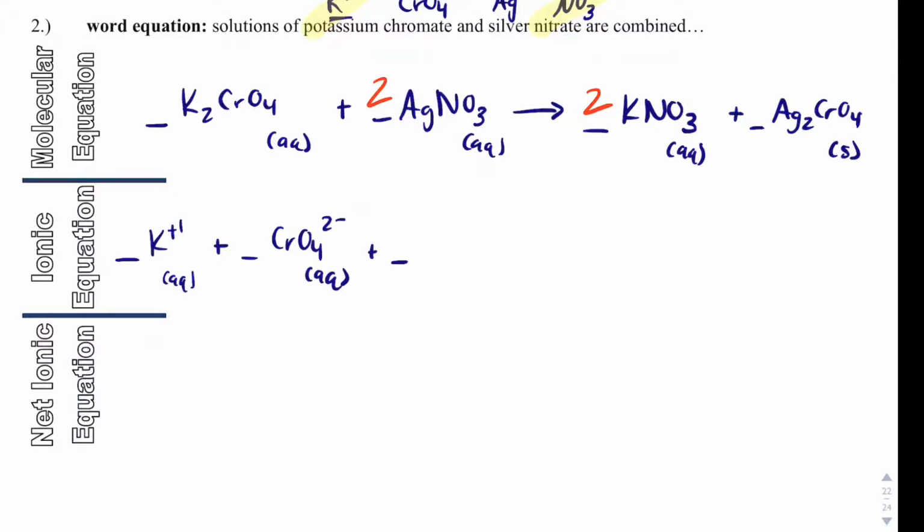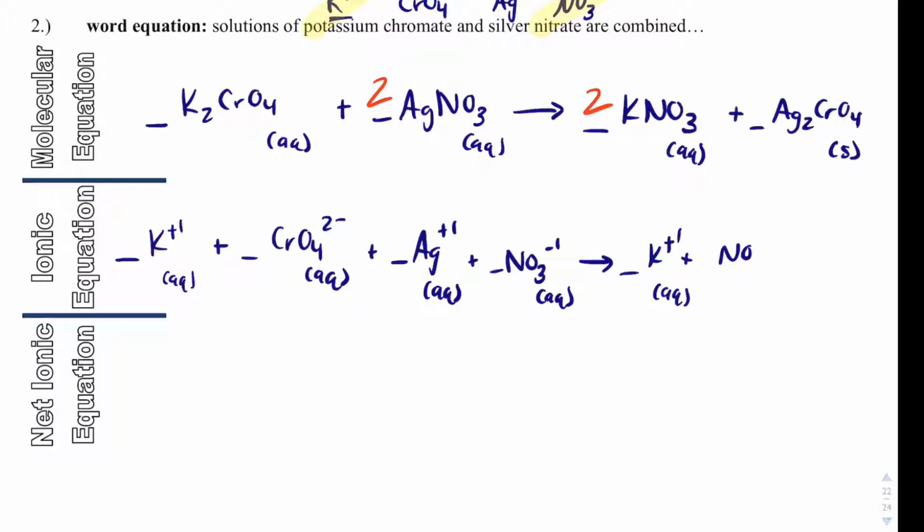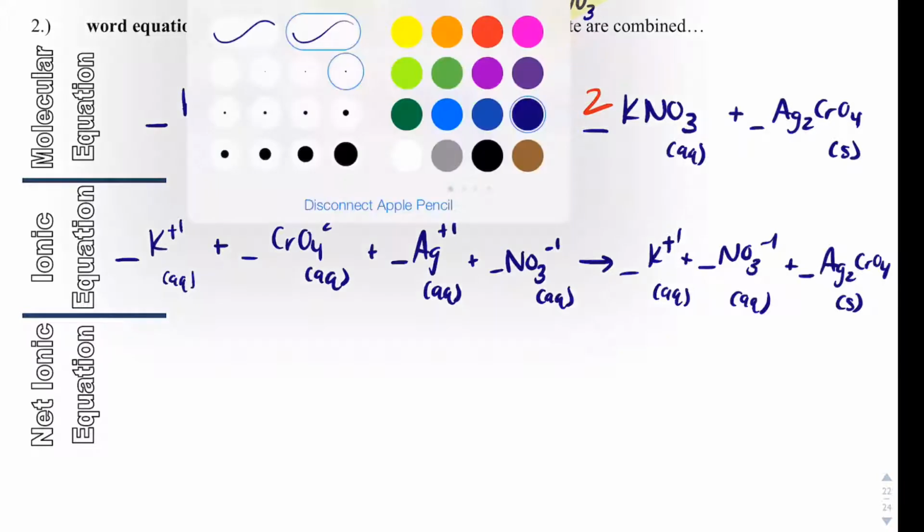And then I've got Ag+1, and that's aqueous, plus nitrate, that's aqueous. That forms K+1, that's aqueous, plus nitrate, which is aqueous. And then silver chromate, Ag2CrO4, does not need to be broken apart because it is actually a solid.